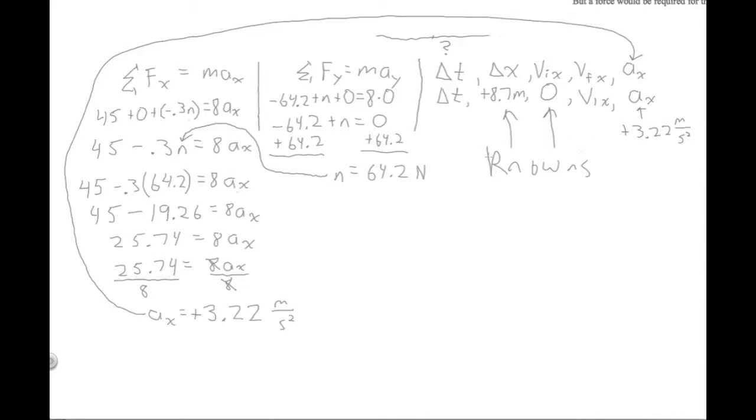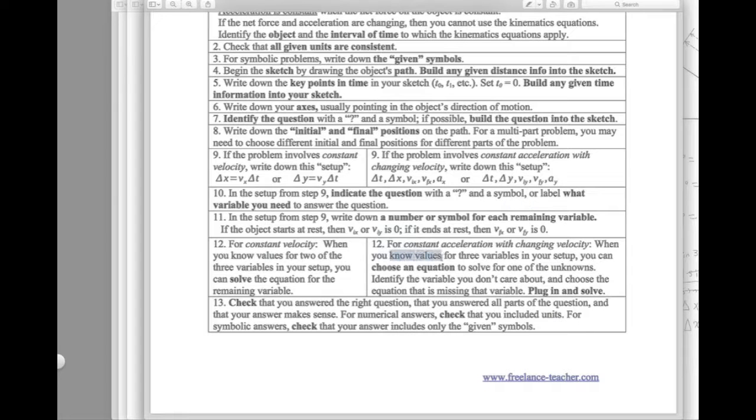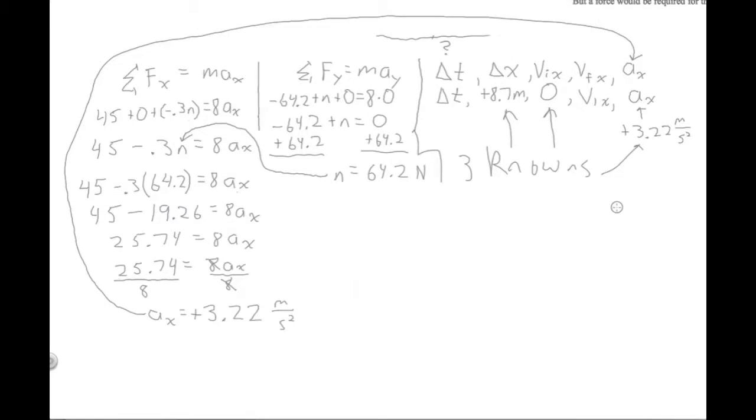All right, so now notice that there are 3 knowns in our kinematics framework. But when you know values for 3 variables, that's when you're ready to choose a kinematics equation. So we're ready now to choose a kinematics equation. And we're going to do that by asking which variable do we not care about.